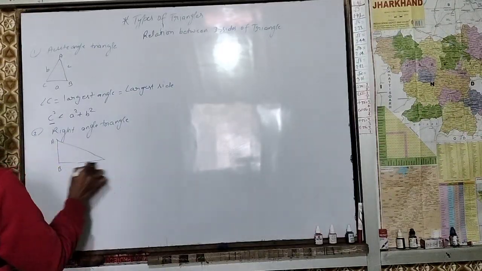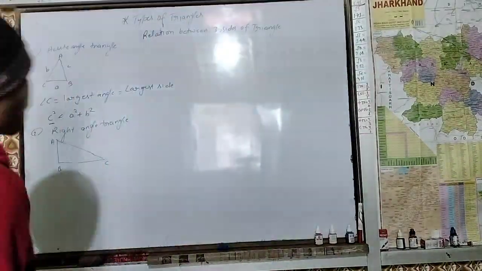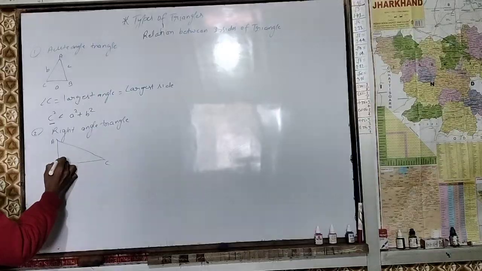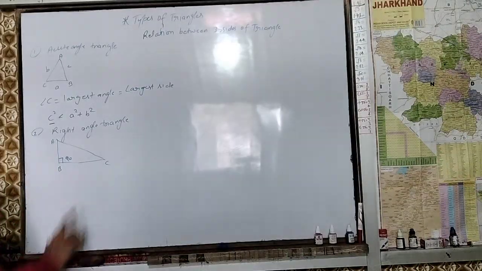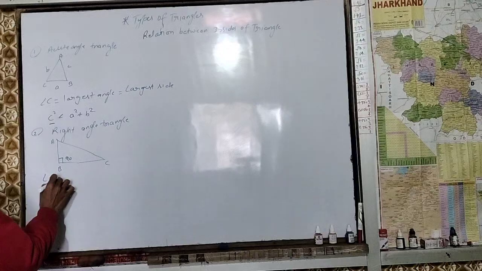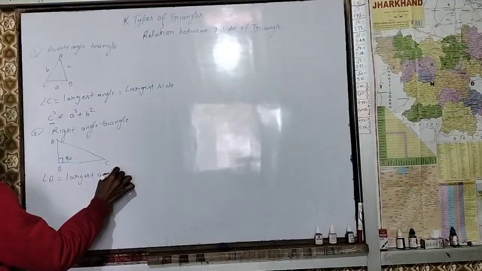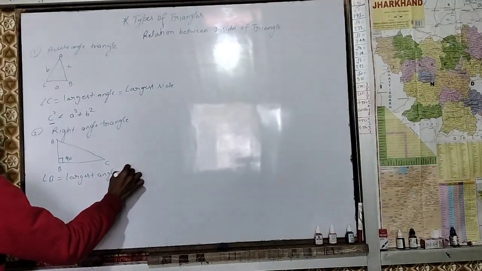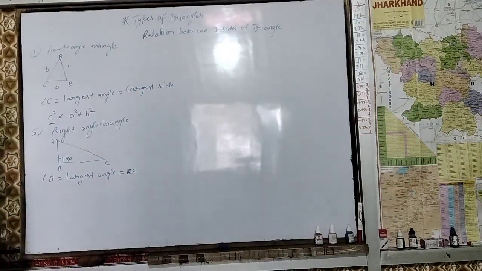Pythagoras theorem is used when the triangle has a 90-degree angle. Over here it is 90 degrees. In this case, AC is greater, meaning angle B is the largest angle, and side AC is the largest side.